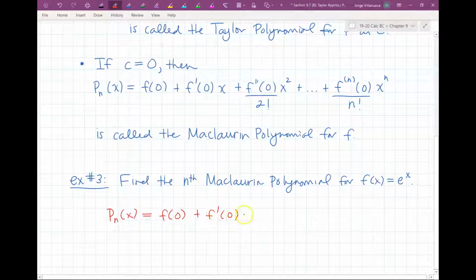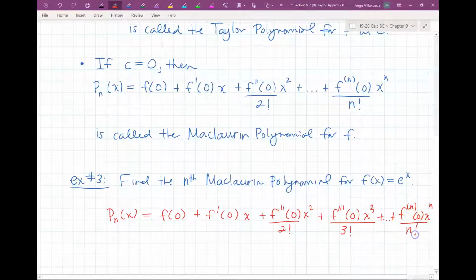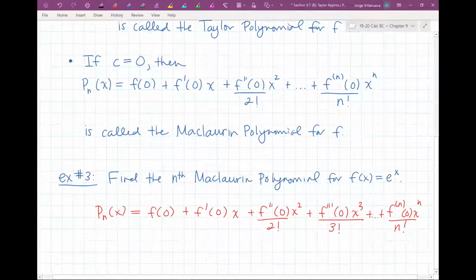Okay, so this will be x plus f double prime at 0 of x squared over 2 factorial plus etc. Actually, we could go with the third and then we'll do the etc. So f triple prime at 0 of x cubed over 3 factorial plus then f to the nth at 0 of x to the n over n factorial.